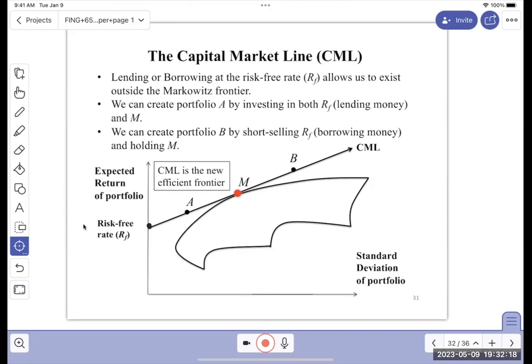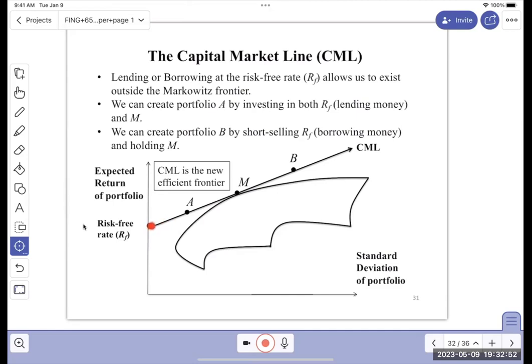And now we have the risk-free asset, the market portfolio, and we introduce the possibility of holding them in a combination. So I'm going to hold T-bills. When I hold T-bills, I'm lending money to the government.